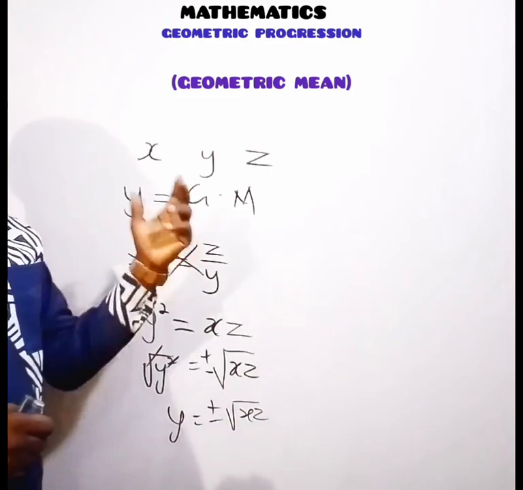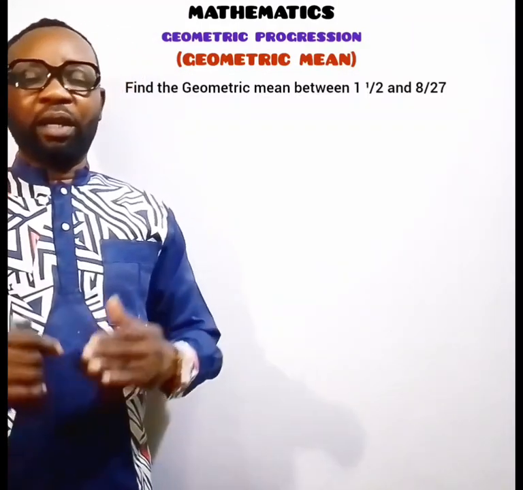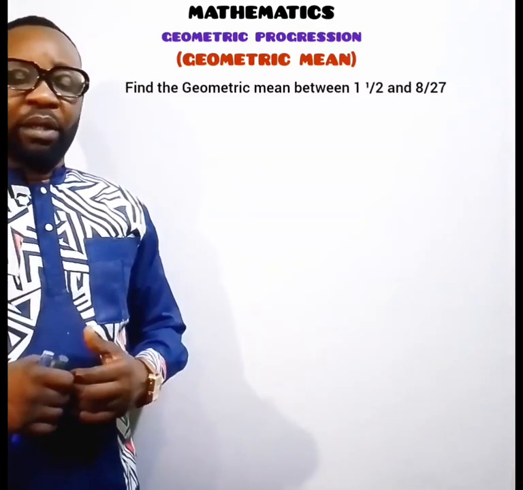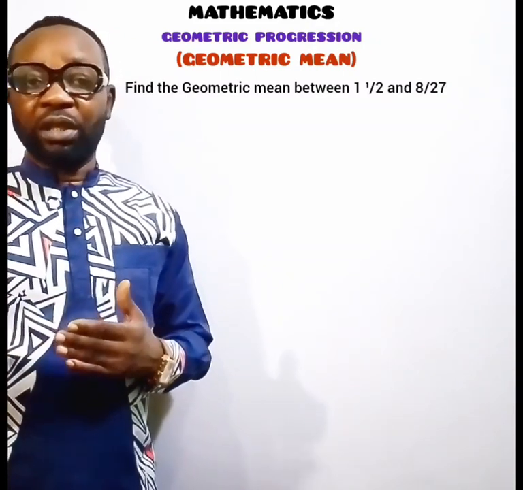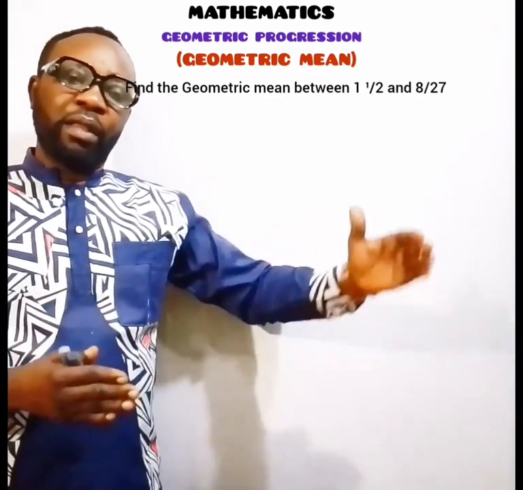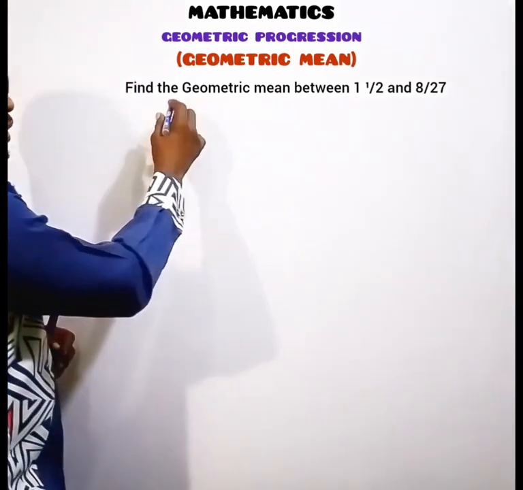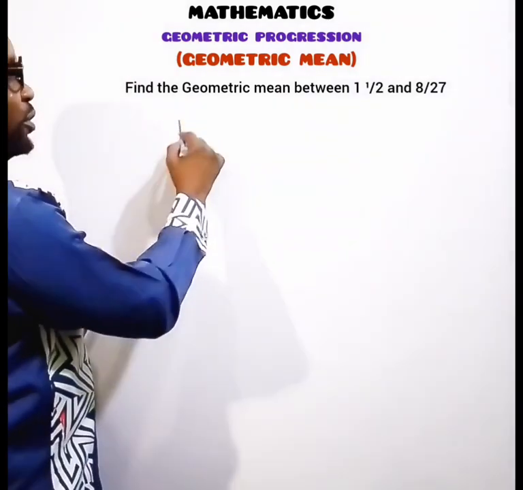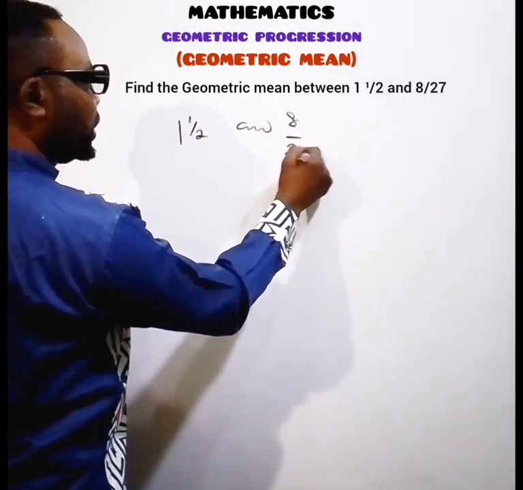Now, we have some questions on geometric mean. For us to find an answer to a question on geometric mean, we must have consecutive terms, that is, terms that follow one another in geometric order. Let's look at the terms given to us. The first term given is 1 over 2, and we have 8 over 27.